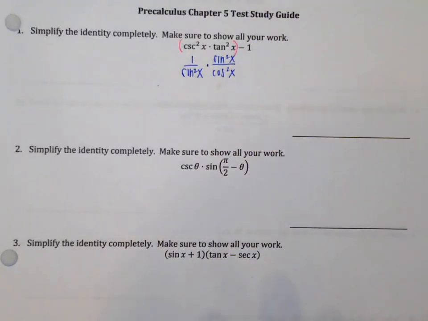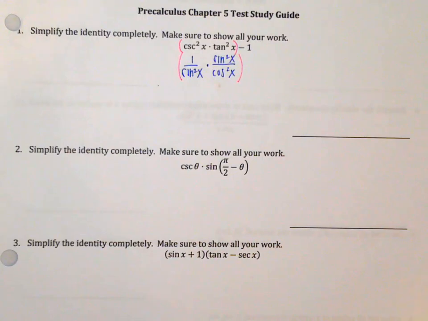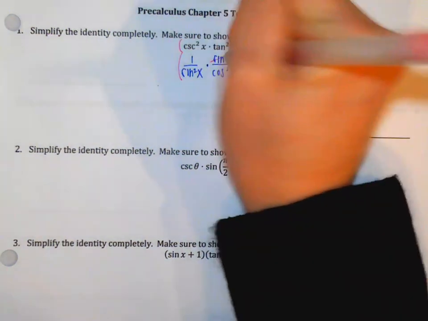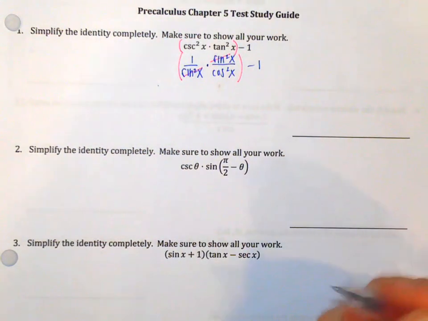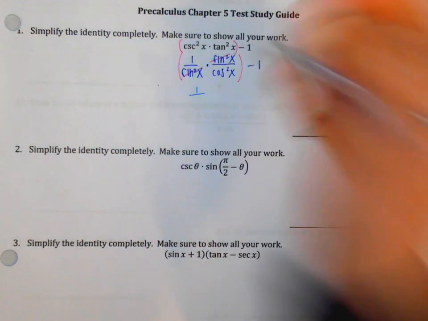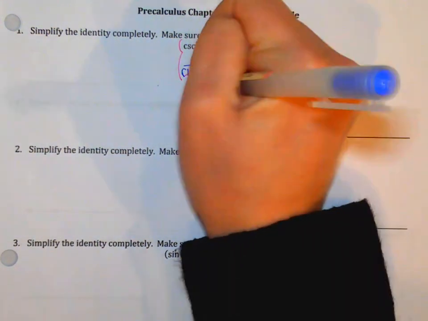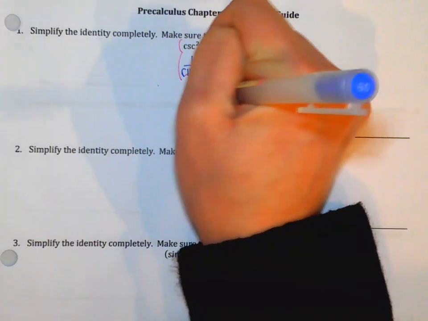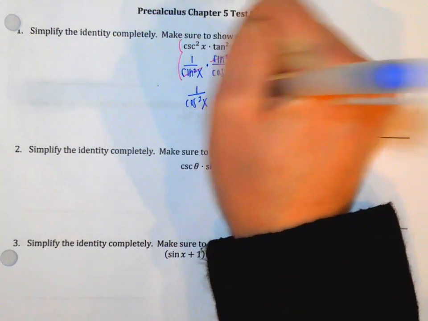At that point, I'm thinking, how can I simplify just within here, and then we'll deal with the minus 1 after. I can simplify by canceling out the sines, and then I have 1 over cosine squared x minus 1.